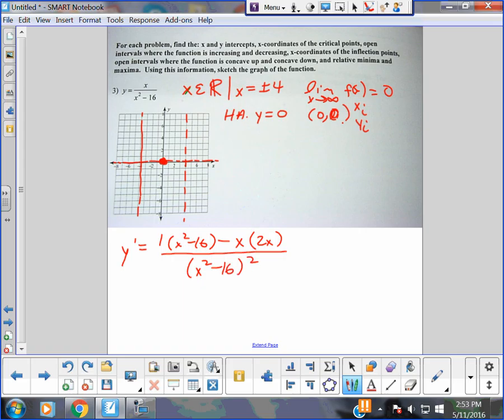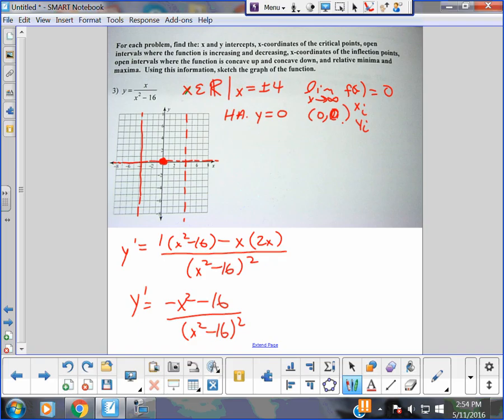I have to simplify, guys. This is where the simplification comes in. I see x squared minus 16 minus 2x squared. So I see minus x squared minus 16 over x squared minus 16 squared. All right? Ugly, right? It is ugly.